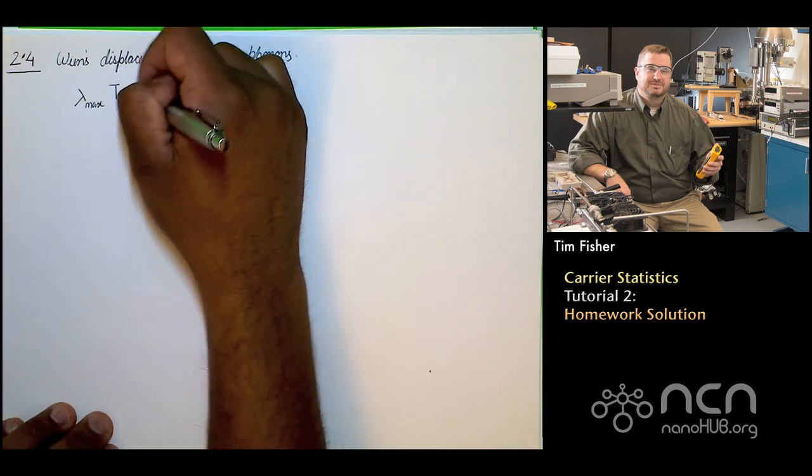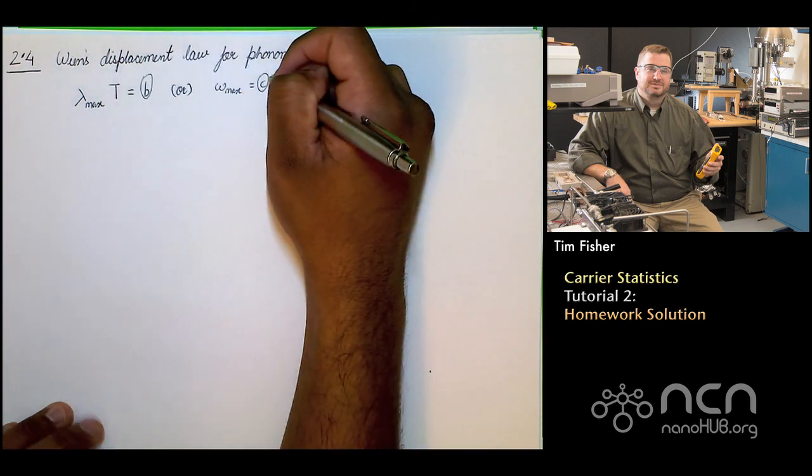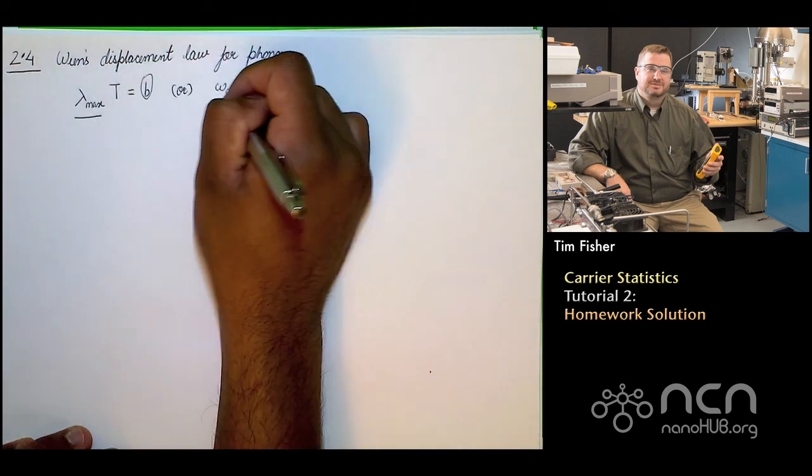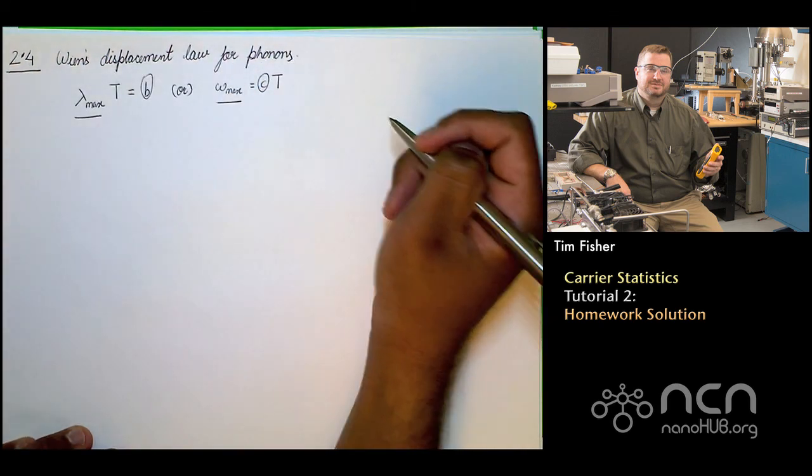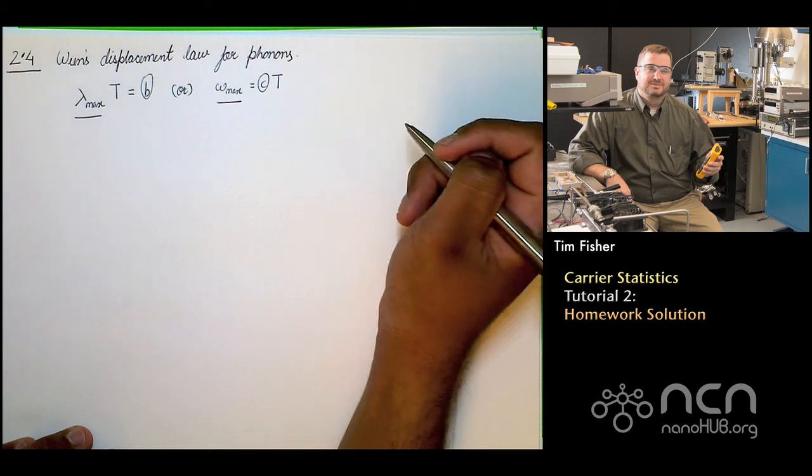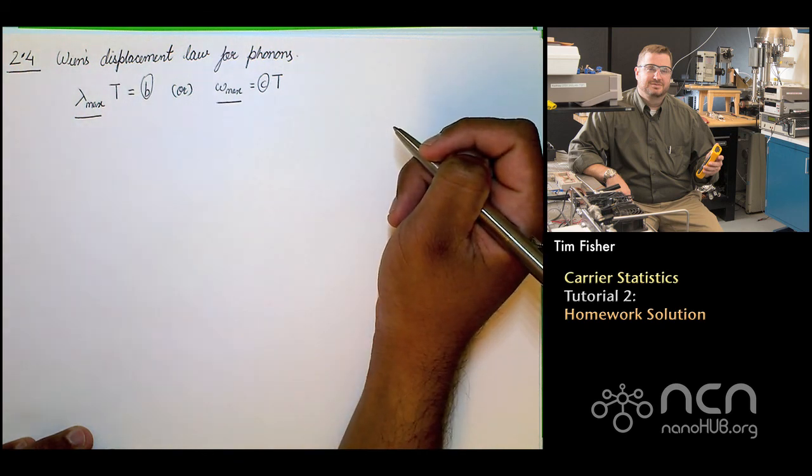Here B and C are constants, and lambda max and omega max respectively denote the wavelength and frequency which corresponds to the maximum in the spectral energy density.